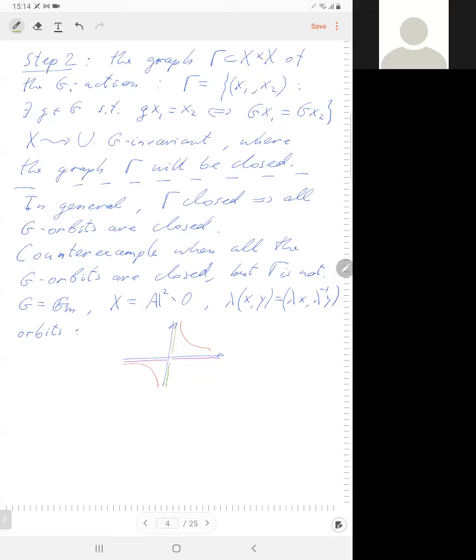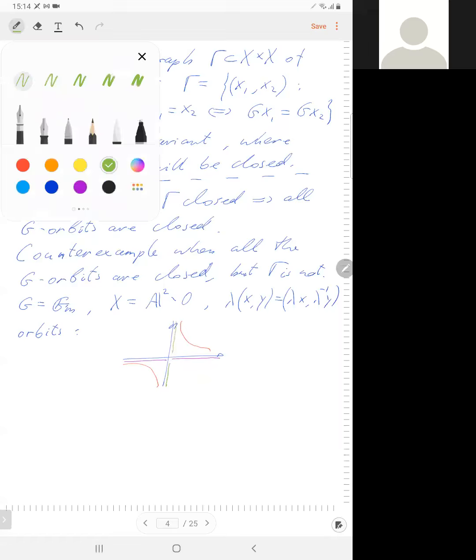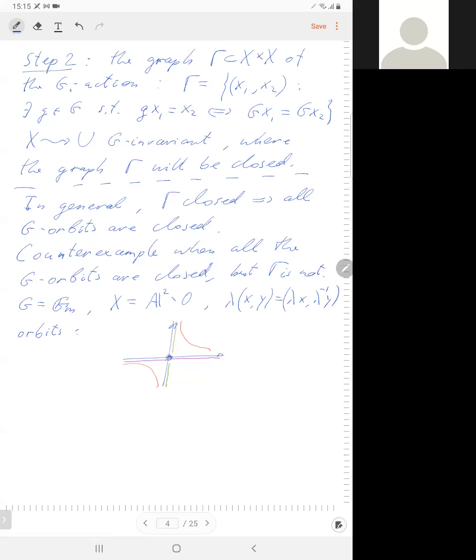And if we had not removed the origin, then these punctured lines would not be closed orbits. But since the origin is removed, all these orbits are closed.